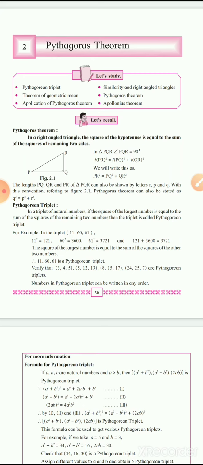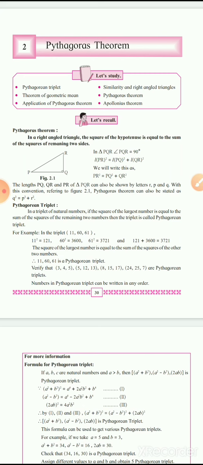In a triplet of natural numbers, if the square of the largest number is equal to the sum of the squares of the remaining two numbers, then the triplet is called a Pythagorean triplet. For example, in the triplet 11, 60 and 61, here are the three natural numbers 11, 60 and 61.